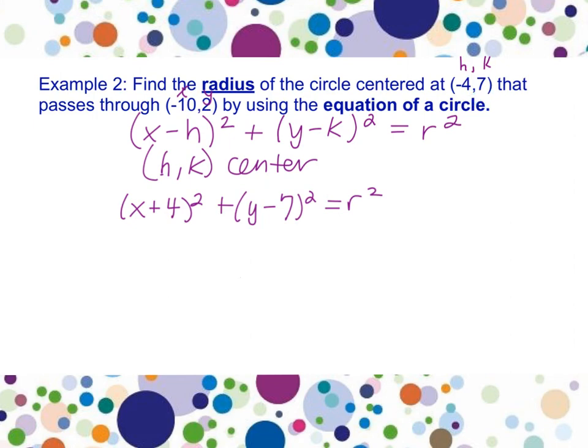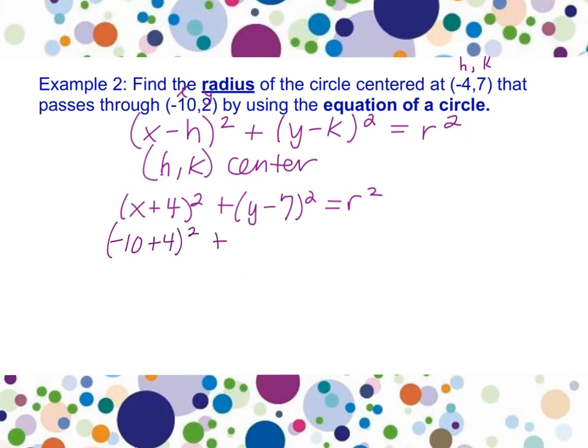All right, so now we're given an x and y value in the point it passes through. Every point on the circumference, we should be able to plug in for x and y, and the equation should still be true. So when x is -10, this is (-10 plus 4) squared.